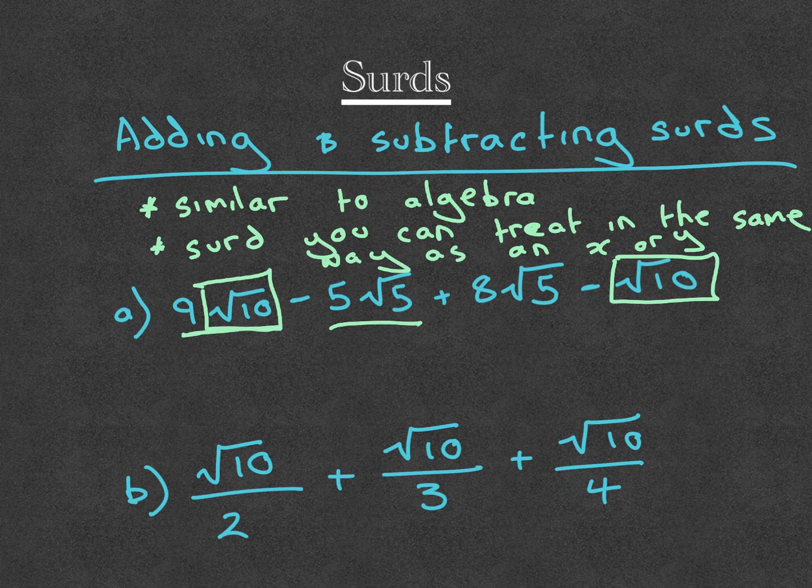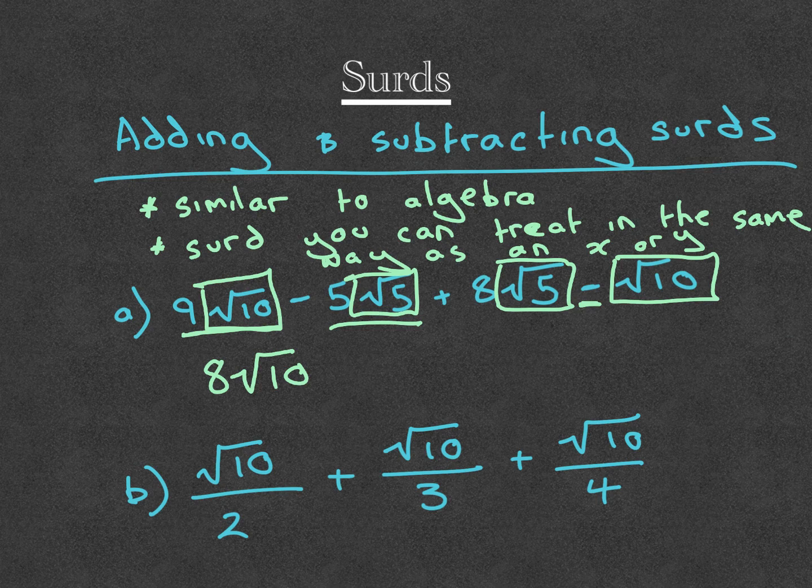So we've got 9 lots of root 10 here, and we're subtracting 1 lot of root 10, which leaves us with 8 root 10. So the second 2 numbers here, we've got negative 5 lots of root 5, and we're adding another 8 lots of root 5.